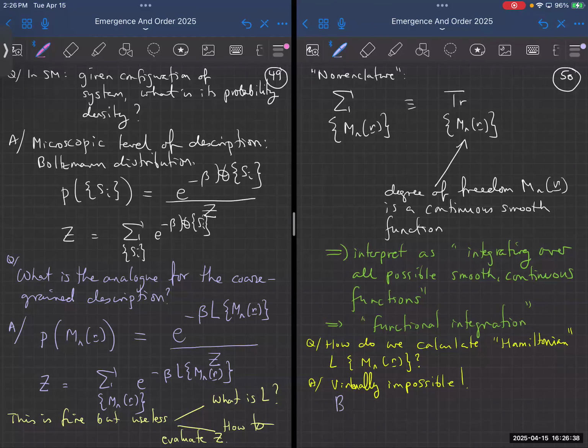But we can figure out its structure based on simple arguments.